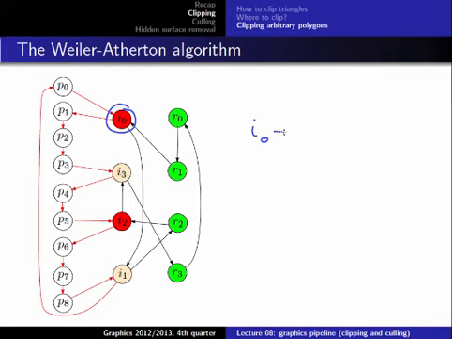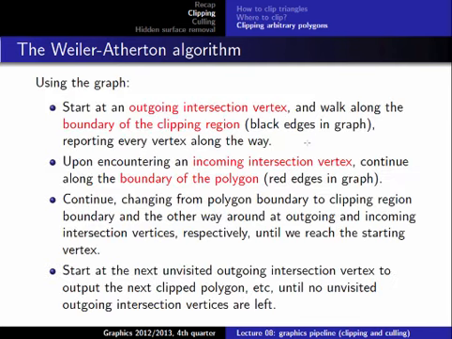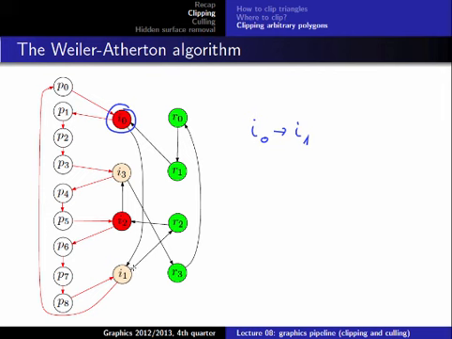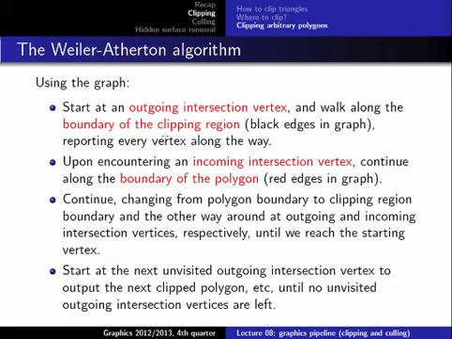So we get as the next one an I1. And then we do this until we reach an incoming intersection vertex, which is what we do now here, I1. And then we switch to not walking across the boundaries of the clipping region, but to walk along the boundaries of the polygon.